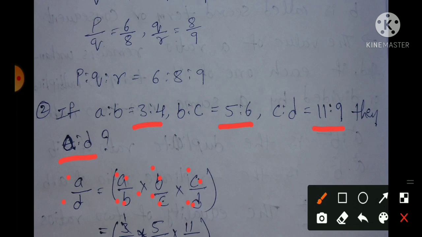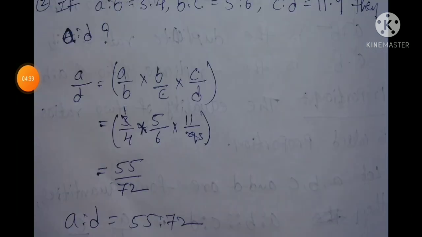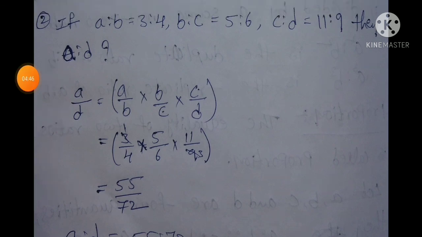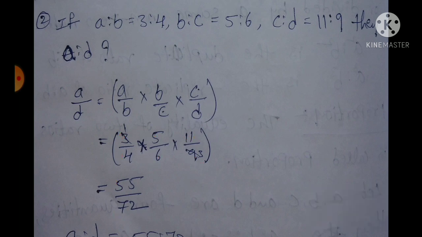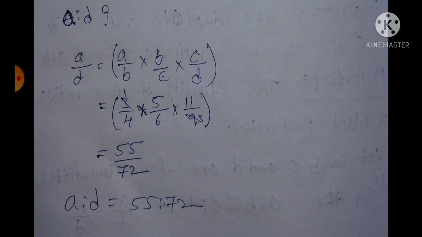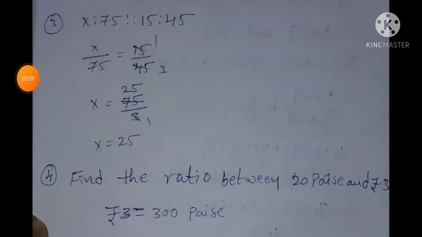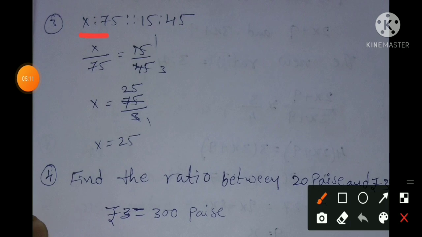According to the given quantities, A by B is 3 by 4, B by C is 5 by 6, C by D is 11 by 9. So 3 ones are 3, threes get cancelled. 5 11s are 55, 24 threes are 72. So A is to D is nothing but 55 is to 72.